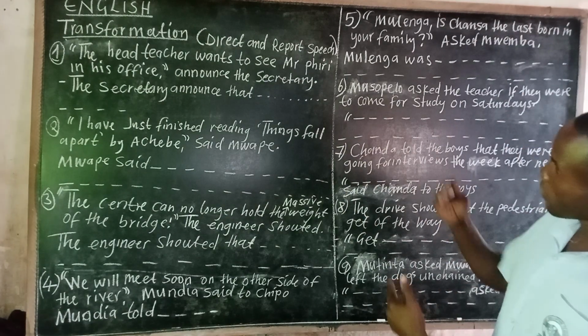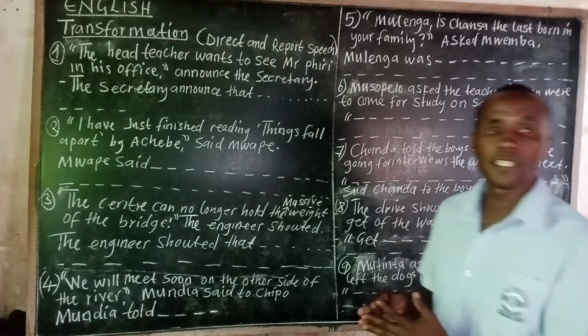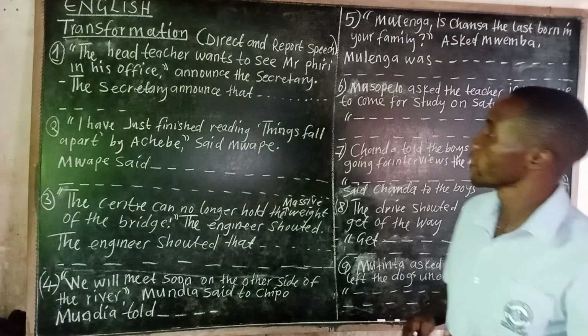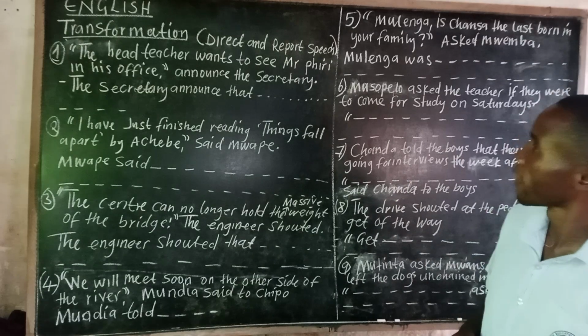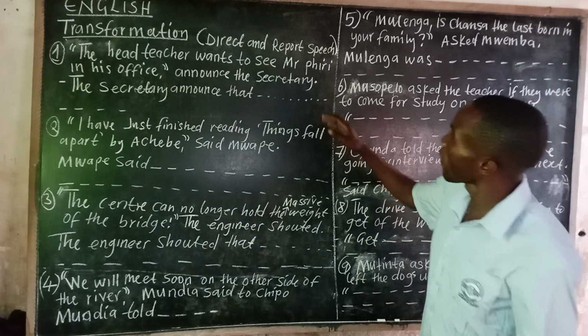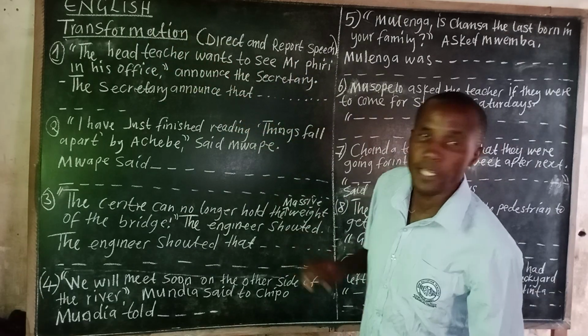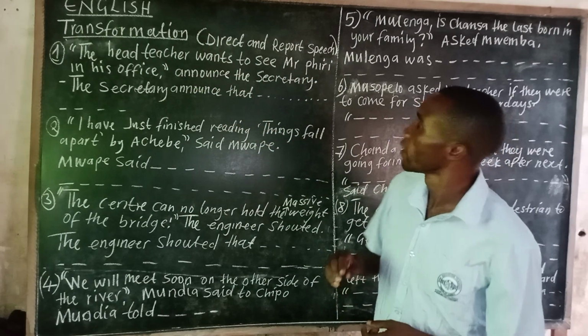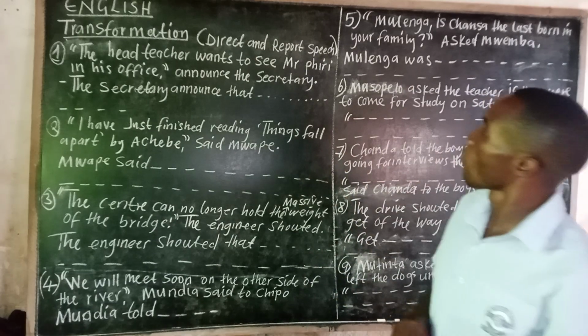When transforming it, we should write the same sentence in indirect or reported speech without changing the meaning. No wonder in the first sentence you are able to see the inverted commas, because direct speech goes with inverted commas.